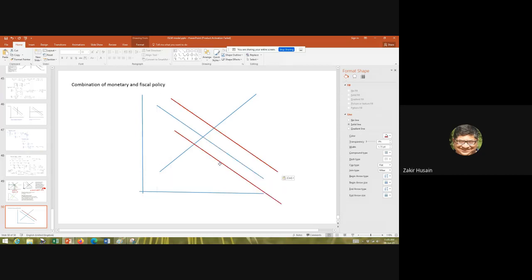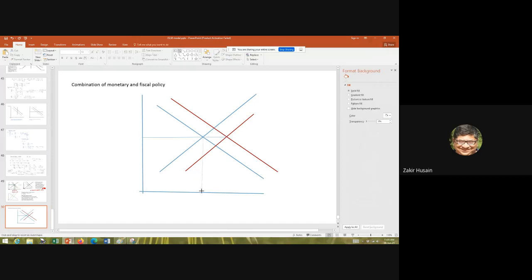And now let us see that we have something like this. So we can see that income has gone up, but there is no change in the rate of interest. Okay, so through a combination, we can control the effect on R. Y will go up even more if you use a combination, but at the same time, the money market change can be neutralized.